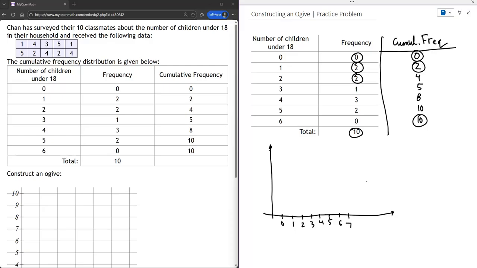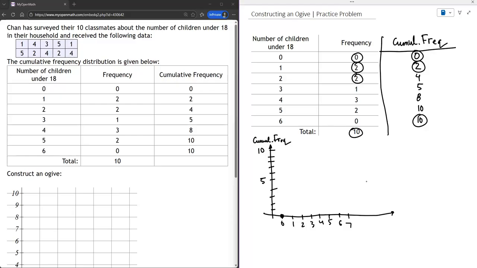The highest frequency is 10, so we're going to do 10, and this is going to be our cumulative frequency, and we're going to go from 1, 2, 3, 4, 5, 6, 7, 8, 9, 10, and we start at 0, or we start at whatever frequency of 0 is.